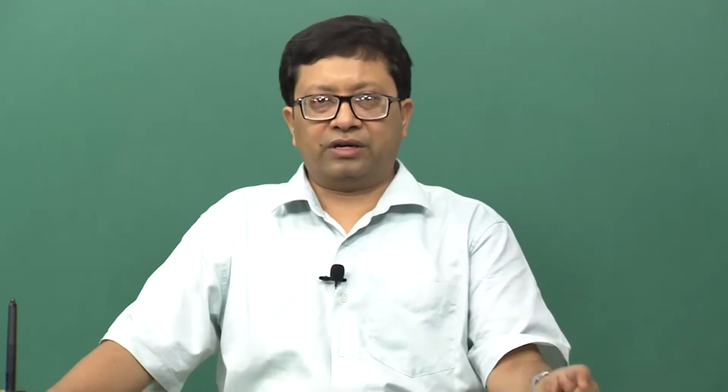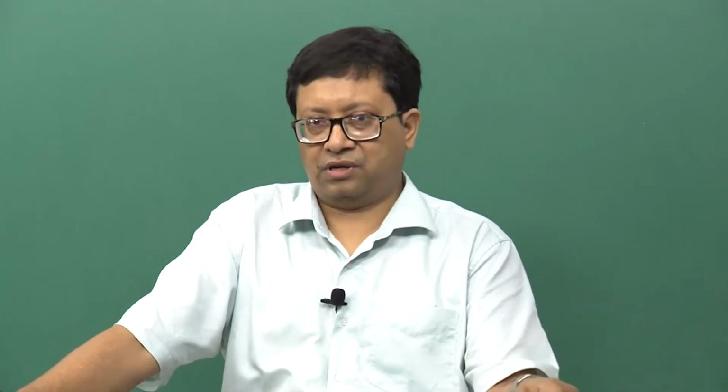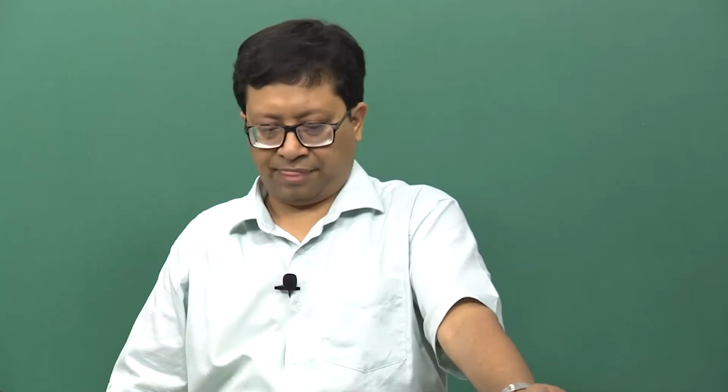So, once y 1 is found, in the direction where we have broken down by combining the eigenvectors multiplied by the x's, we proceed to find the second principal component, such that the second highest variance is ensured for y 2, which is the second eigenvector multiplied by x. Similarly, we go to the third one, fourth one, fifth one, and proceed correspondingly.